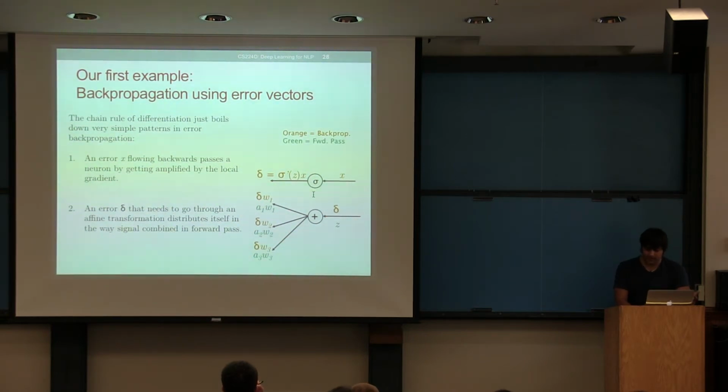The second thing you might notice is that if you have an error delta coming into a unit which then redistributes, typically what we were doing was summing over these values and calculating a z in the forward pass, which is why the z over here is a sum of these 3 elements. This delta would propagate backwards with exactly the same weights, W1, W2, W3.